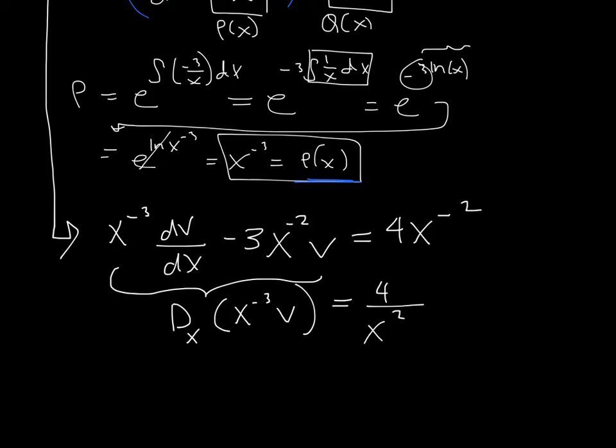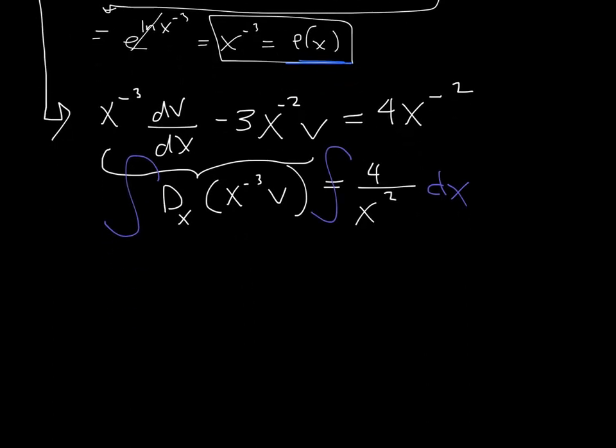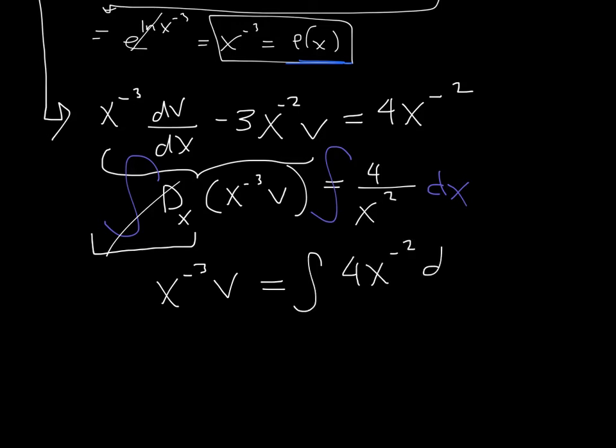And we're almost done here because we can definitely integrate both sides with respect to dx. And we love integration and differentiation because they're inverse properties, and so that's gone. So we have x to the -3 v is equal to, and then if we integrate this guy, if we show the work, this is really 4x to the -2 dx.